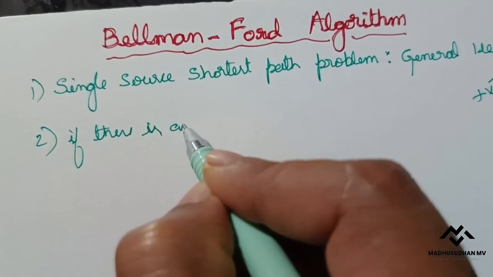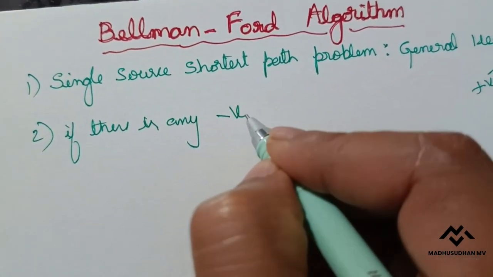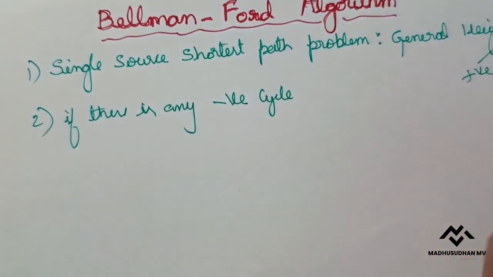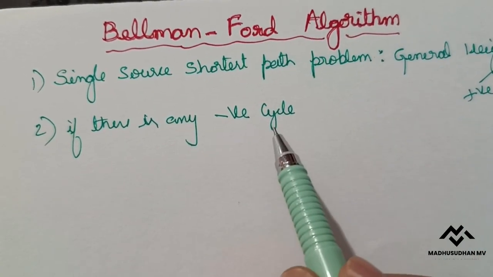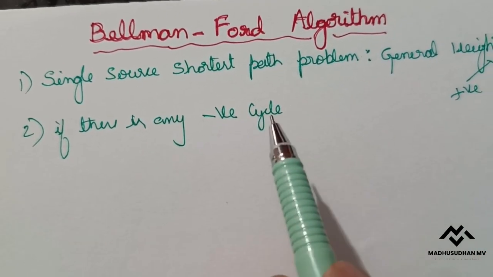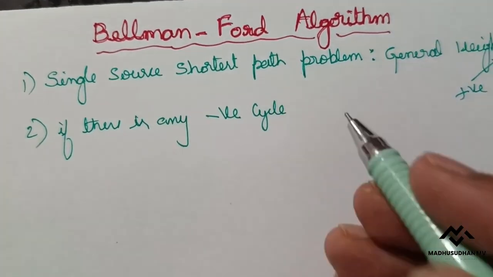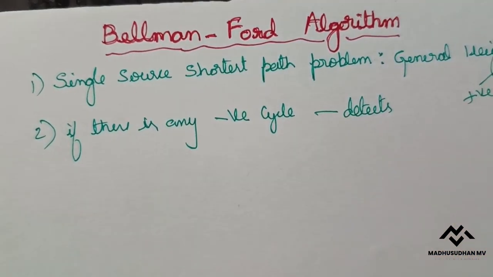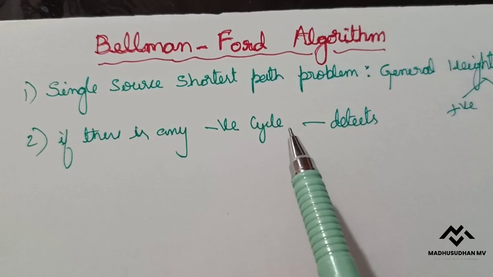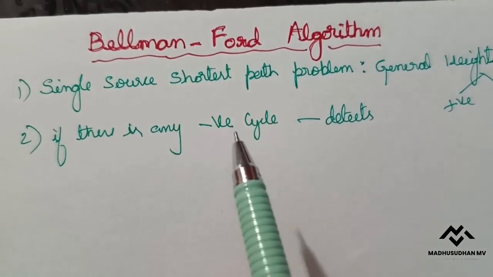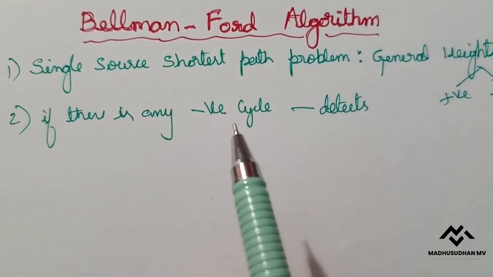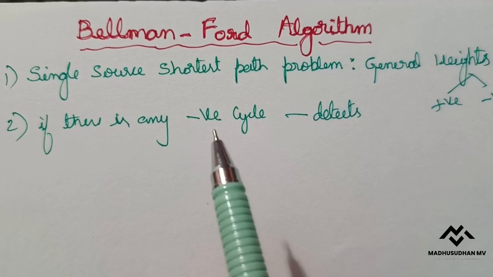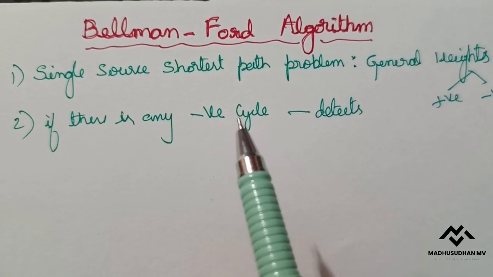If there is any negative cycle present in the graph, the Bellman Ford algorithm detects that also. If the graph has a negative cycle, then it is not at all possible to find the shortest distance by using any of the algorithms.